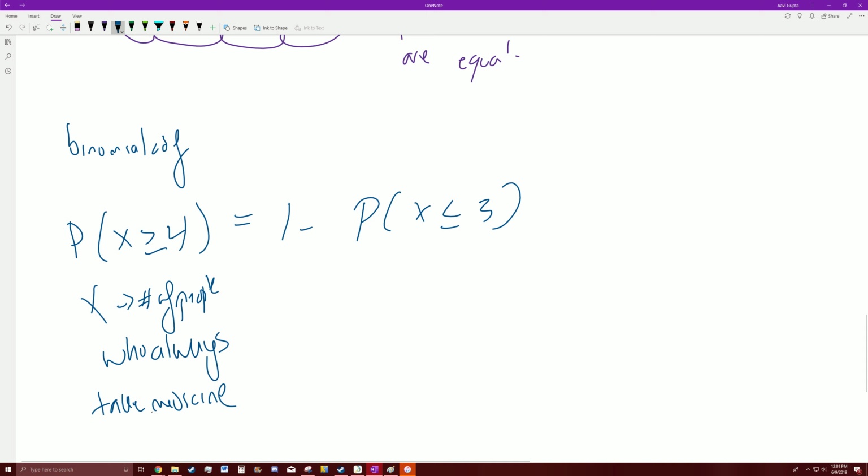If you're finding an exact probability, nCr wouldn't work here because you're finding less than or equal to, or greater than or equal to, and here we're using greater than or equal to. You could use nCr here, but I think that's too much.